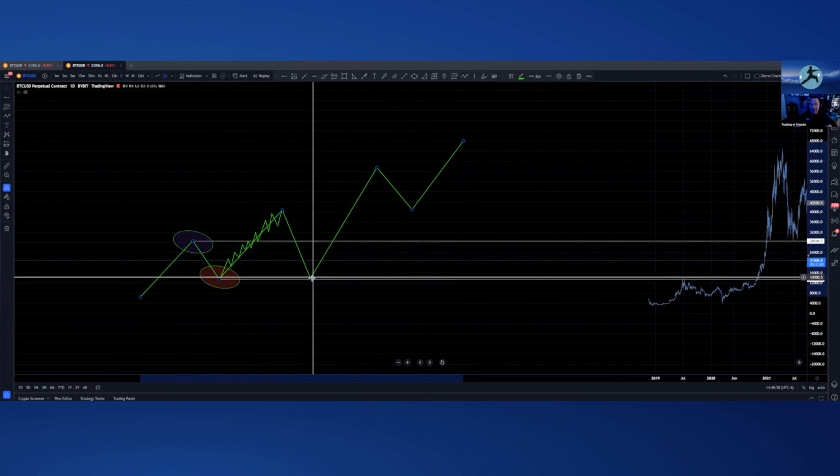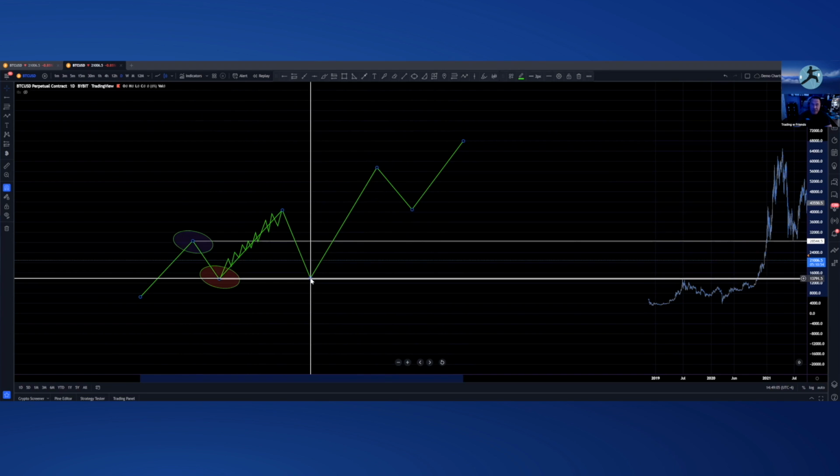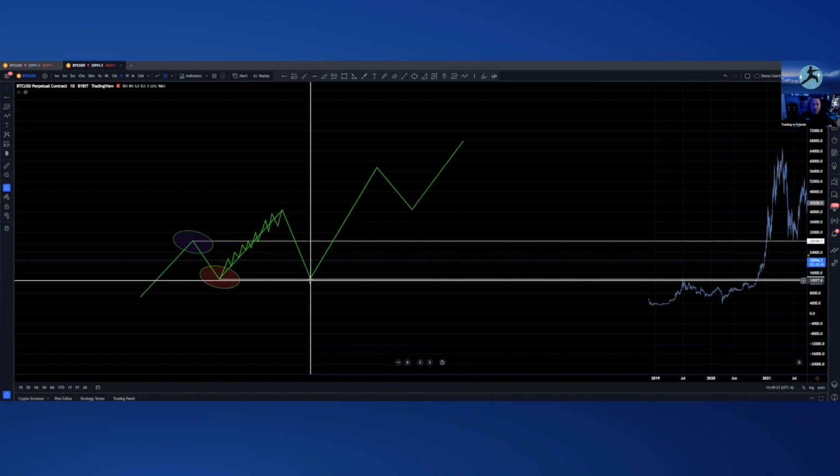But that can also signify to us how much strength is left in this move. Again, it's not 100% certainty when it happens, but it's a general good rule of thumb to use and follow. And we'll get into the premium discount thing to really help discern that later, but I don't want to overcomplicate it for right now.